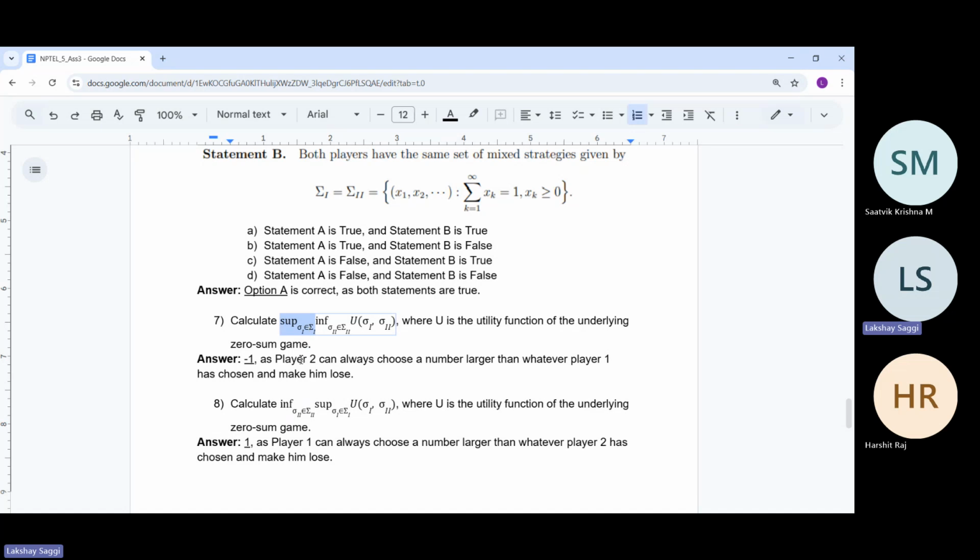One time player two is choosing the number after player one plays, and the second time player one is choosing a number after player two plays. This is because in the first case we first allow player one to choose and then player two to choose. In the second case, we first allow player two to choose and then player one to choose. And so this will make a difference. In this case we'll get the answer -1, and in the second case we'll get the answer 1.